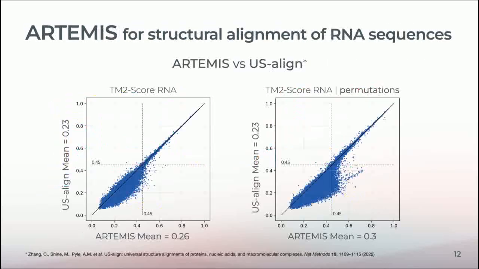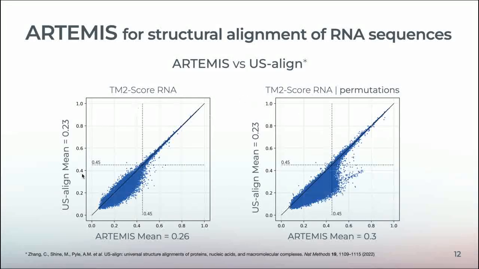We developed a new tool called ARTEMIS, which is ARTEM based, and compared it with the state-of-the-art US-align tool in the structural alignment problem for RNA. We take 500 RNA chains and perform pairwise alignment by ARTEMIS and US-align. Each result we estimate with the TM-score of the smallest RNA chain. TM-score is a measure of global structural similarity.